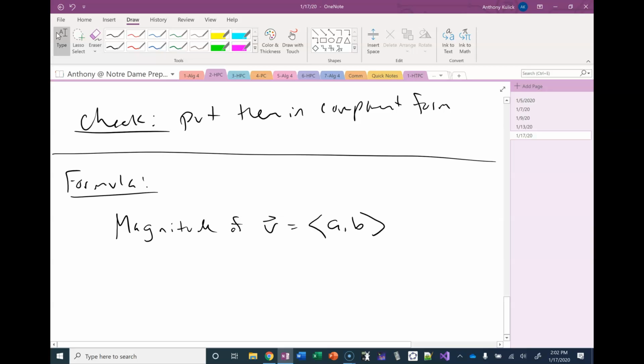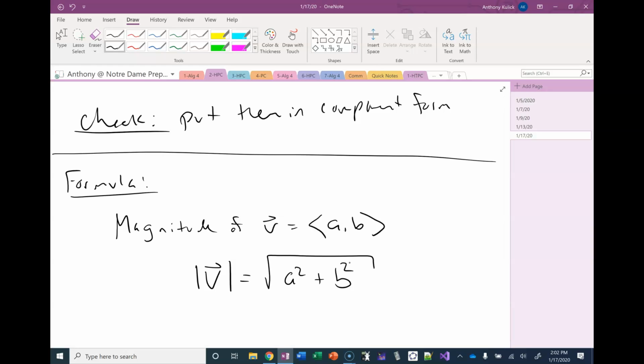So if I have a vector in component form, the magnitude of that vector is just this. What is this formula really just the same thing as? This is just the distance formula.